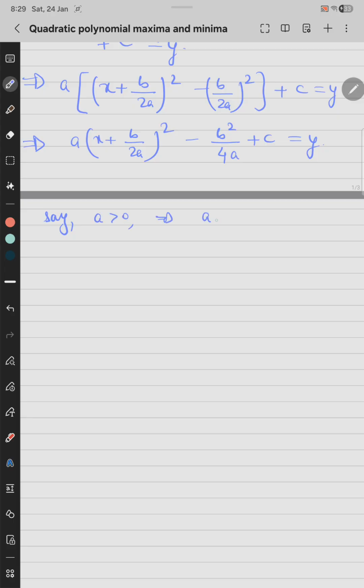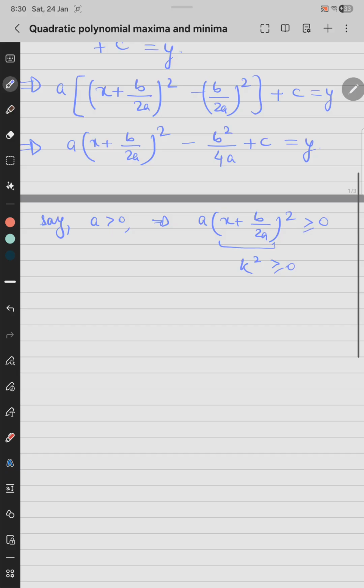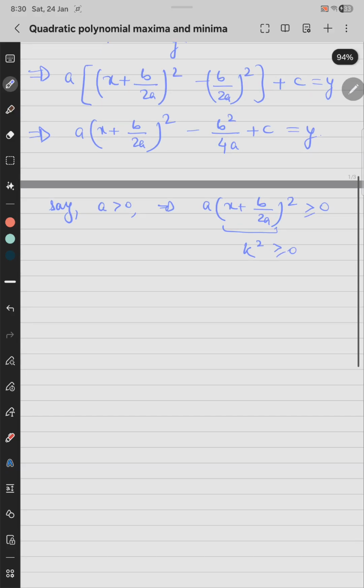This implies a into x plus b by 2a whole square will also be greater than or equal to 0, because if this number is k, then k square is always greater than or equal to 0. And if a is greater than 0, this number will also be greater than or equal to 0.